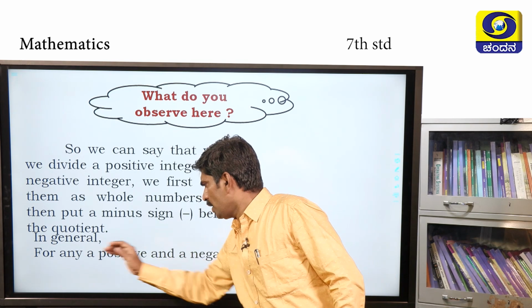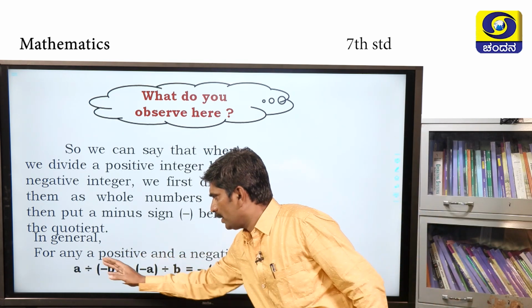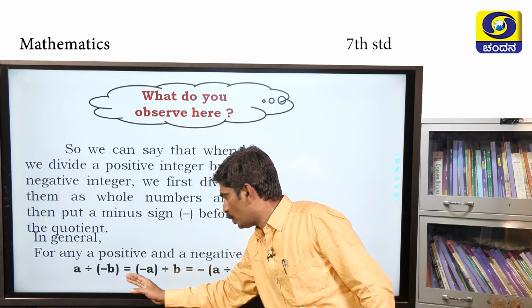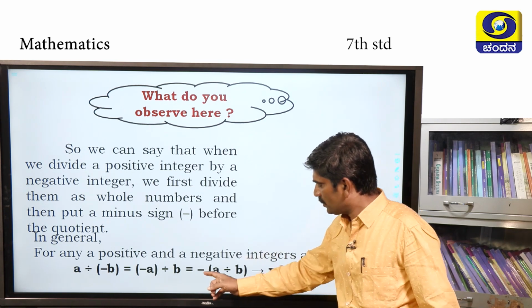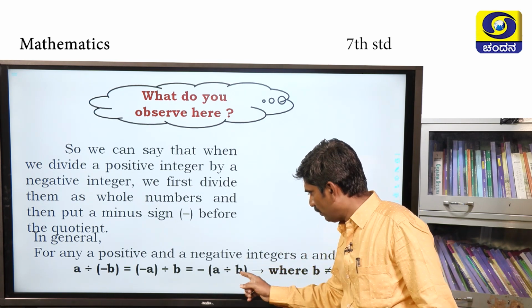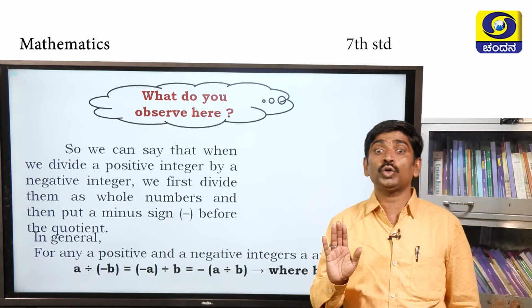For any positive and negative integers a and b, a divided by minus b is equal to minus of a divided by b, where b must not be equal to 0.